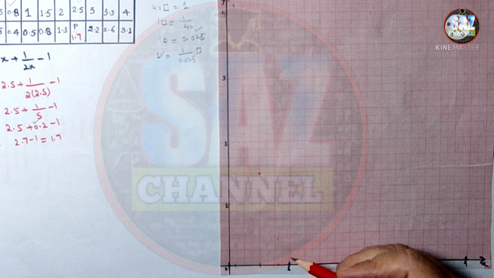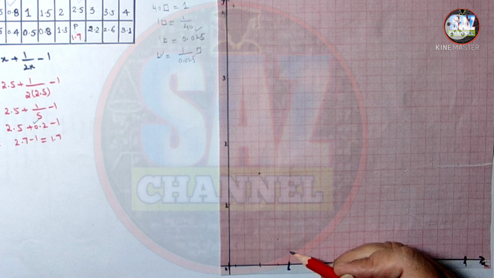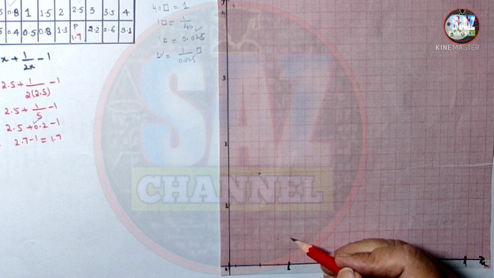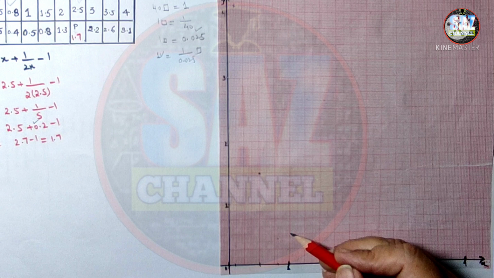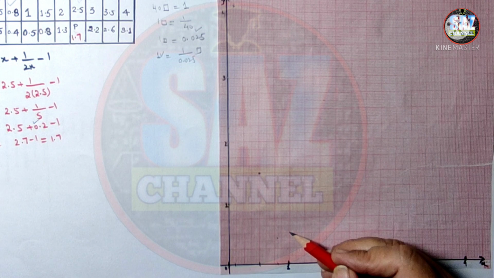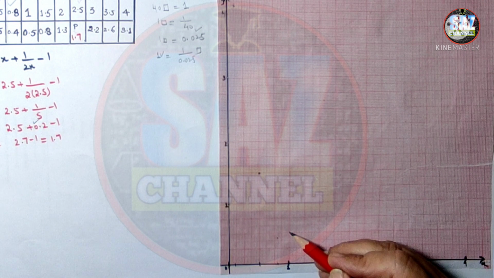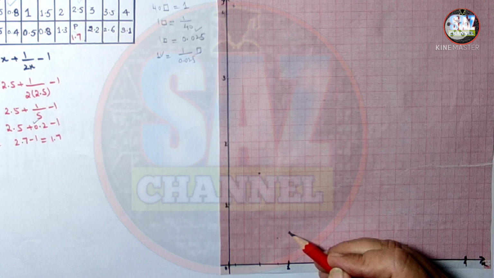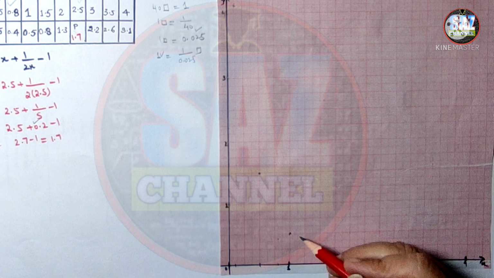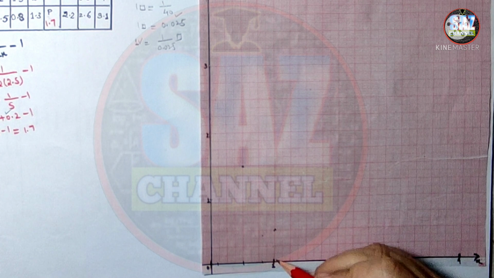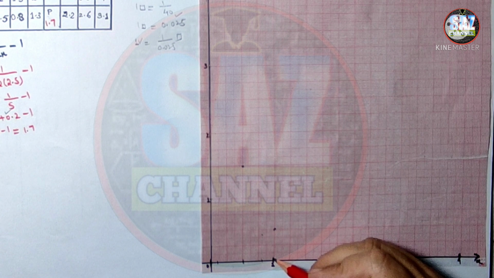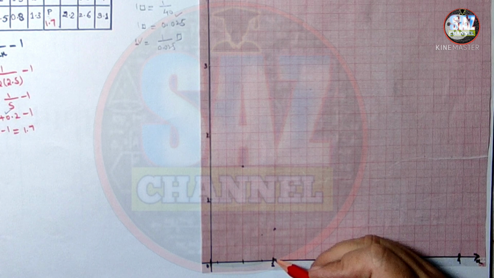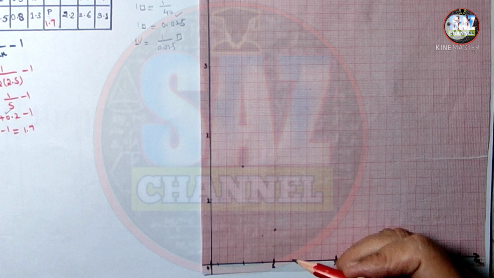Okay, for 1, this is 0.5, this is 1, and this is 0.5. So 0.5 will be coming at this place. For 1, this is 0.8, and 0.8 needs how many small blocks?